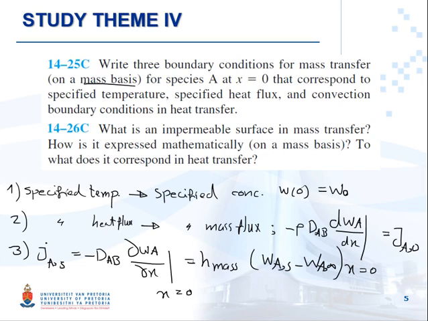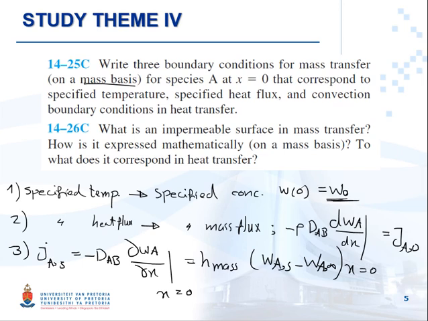To apply a specified concentration boundary condition, we must know the concentration of a species at the boundary, because it says a specified concentration boundary condition here. If we don't have this value, then basically we don't have the boundary condition. But how can we find this information?